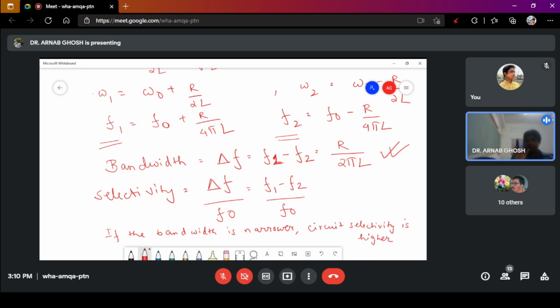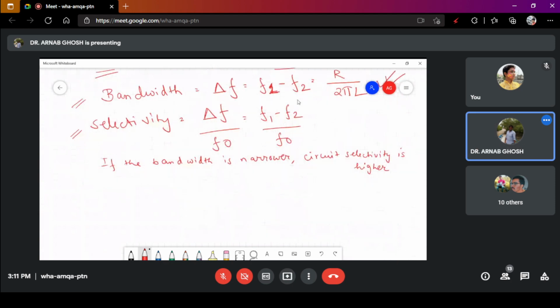Okay, so these are the two important terms, bandwidth and selectivity. So you know what is F1, what is F2, what is bandwidth, and what is selectivity.